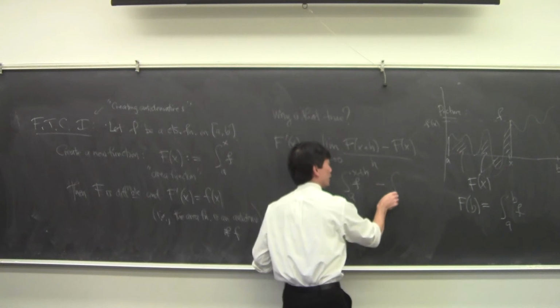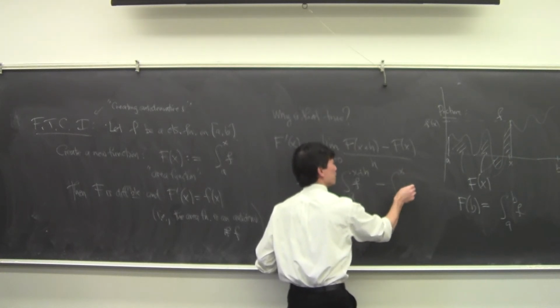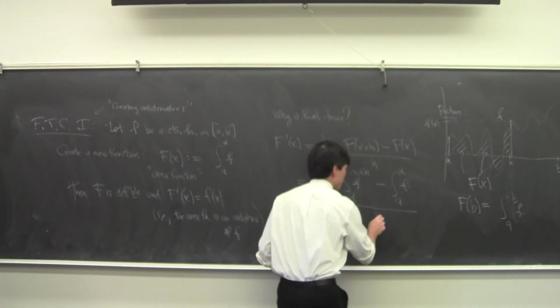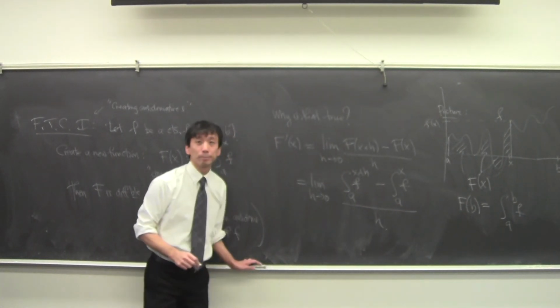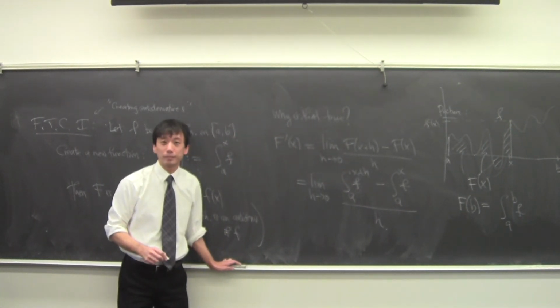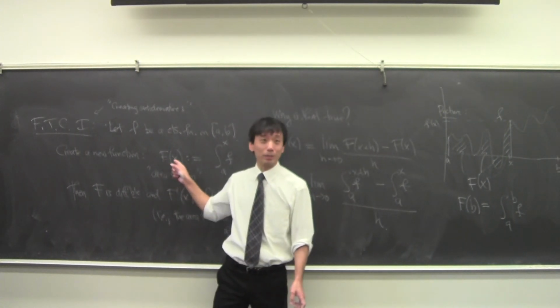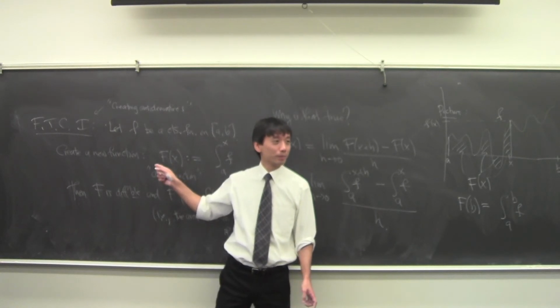We subtract off the integral from a to x of little f, and we divide the whole thing by h. Everybody okay? We haven't done anything. We just used what we said big F was.